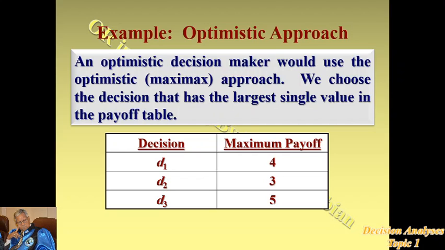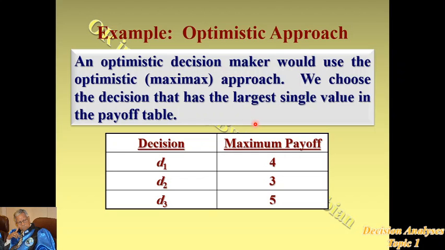Which of these three maximums will he select? He is optimistic. He will select the maximum of them. Therefore, his criterion is max, because the payoff is in terms of profit.